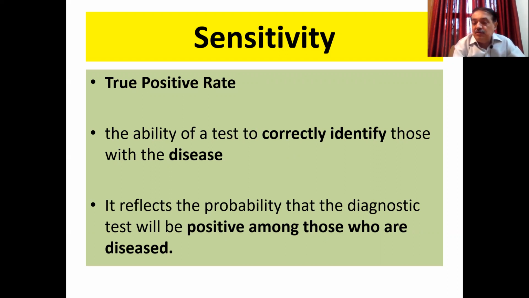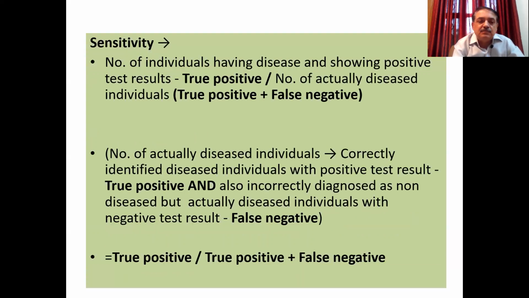And 20 out of 100 will not get a positive result. They are diseased, they should get a positive result, but by error they are getting a negative result. So we call it false negative, because they are actually not negative. Actually they should be positive. So false negatives are also diseased.